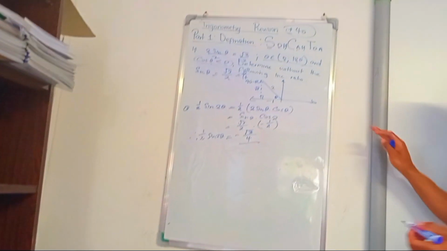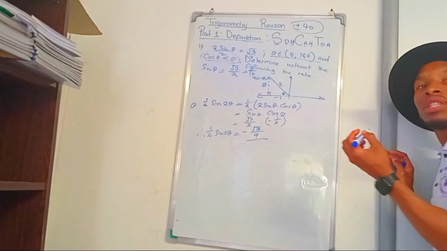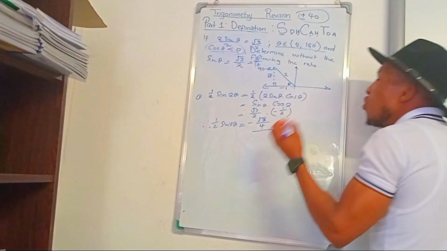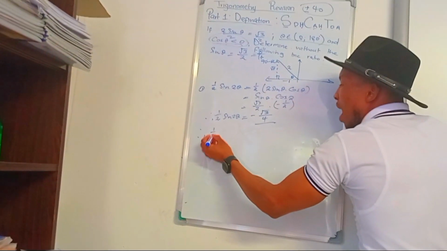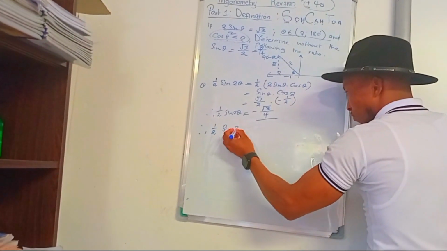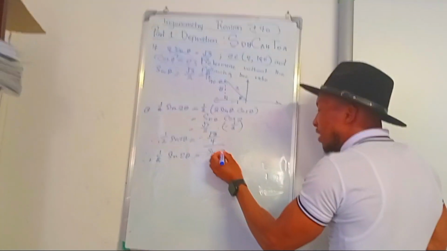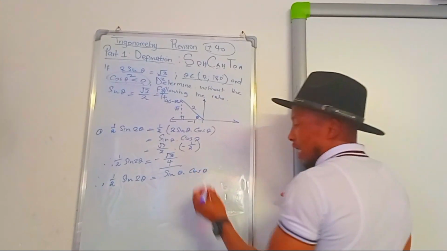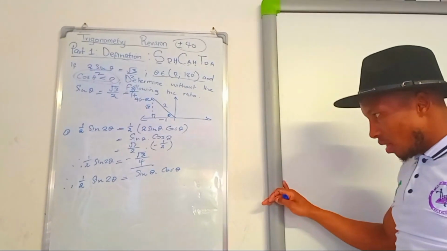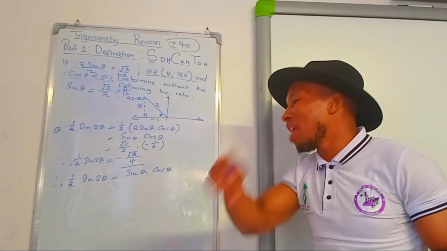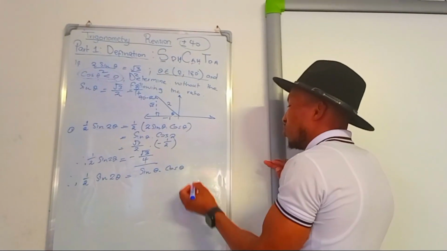All right. Therefore, it's very, very important when you're proving, know that if you have 1 over 2 sine 2 theta, it is always equal to sine theta times cos theta. That is another rule that I'm giving you. That is Mr. Curtis' rule.